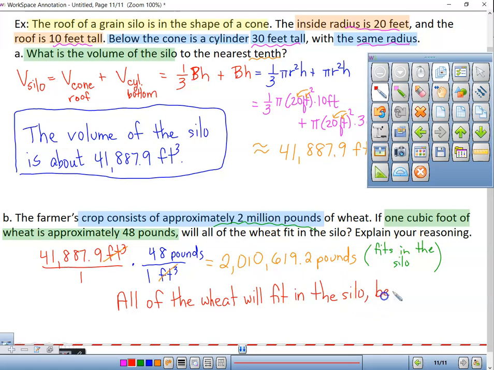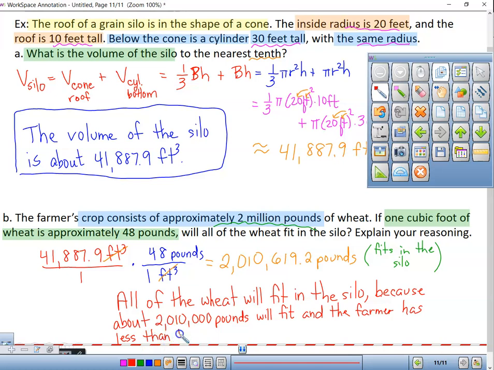So, because about 2,010,000 pounds, I'm just rounding, you could use this entire amount, I'm just rounding, but this will be enough, pounds will fit, and the farmer has less than that amount.